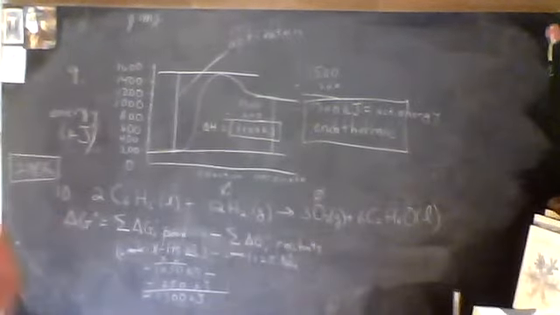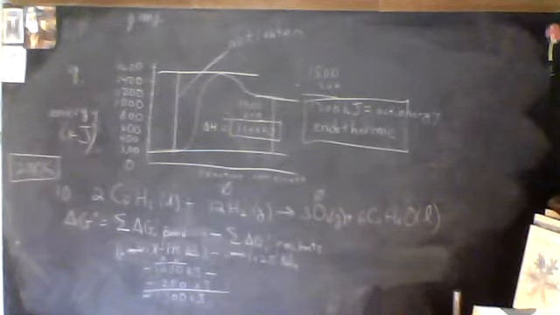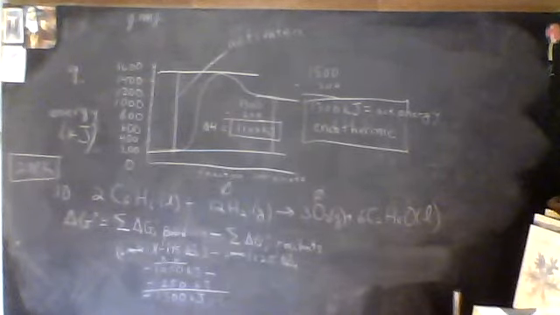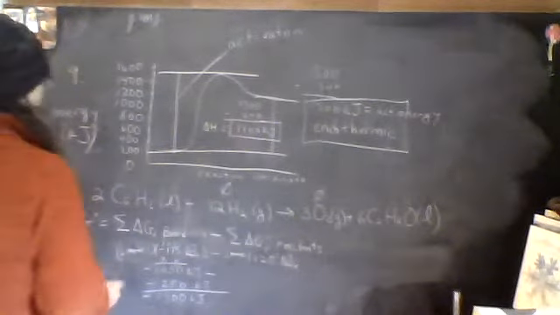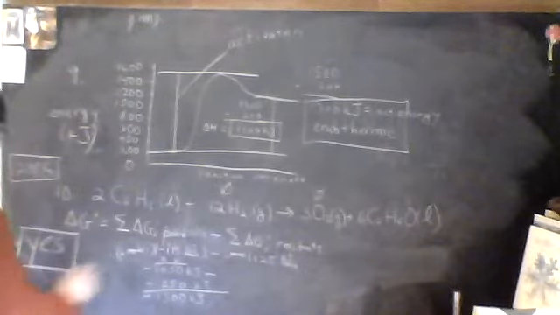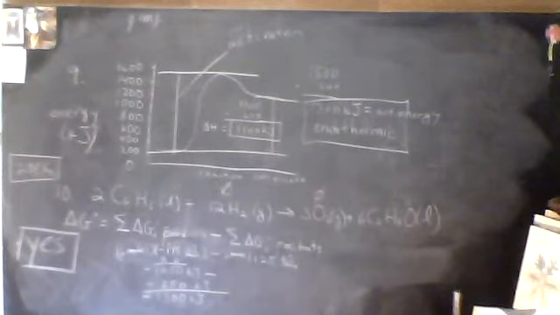It equals negative 1300 kilojoules. So in order to answer the question, it doesn't actually ask us what the value is, only whether it is spontaneous. Yes, it's negative, so yes. This reaction will be spontaneous at 298 degrees.